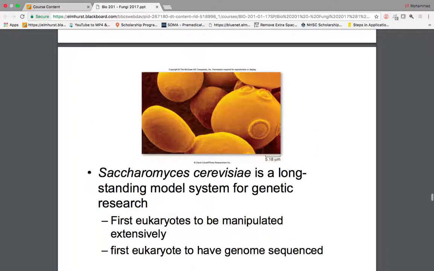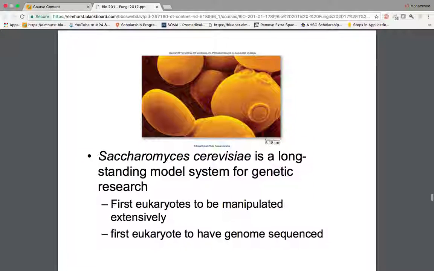It's also a damn good model for biology. We use yeast as a biological model because they share so many of the same genes as animals do. So many of the same things that you do on a cellular level, yeast do too. And so you can actually use them as a model for cellular processes in all animals. They're that closely related to us as fungi.